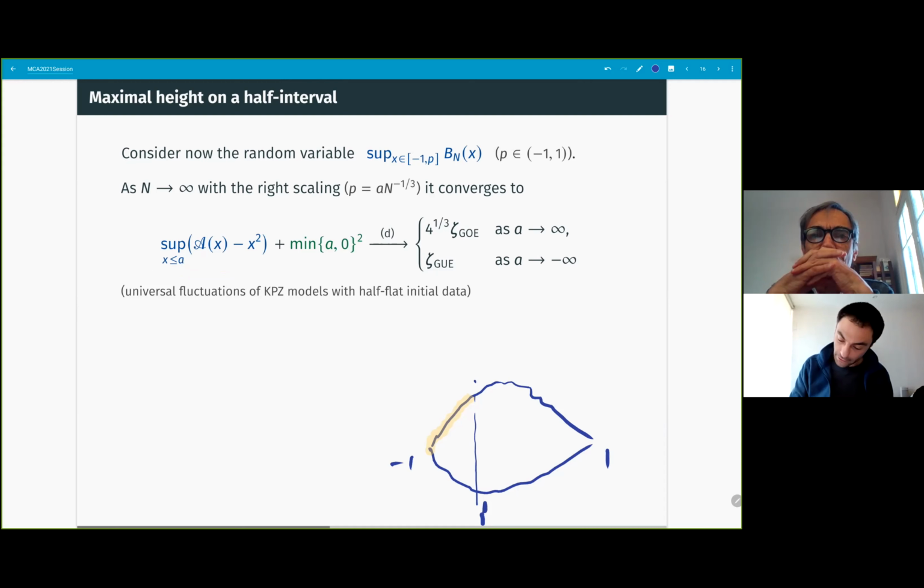Forgetting for a moment about this green thing, if I take a to infinity, so a is here, right? Then I'm recovering the supremum over the whole line. And then I should be converging to this Tracy-Widom GOE distribution, right?